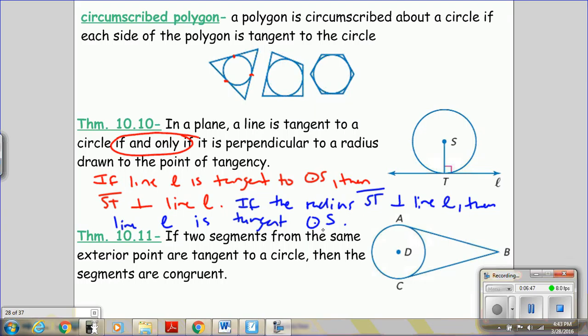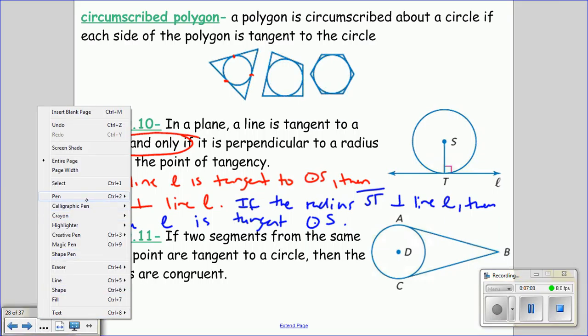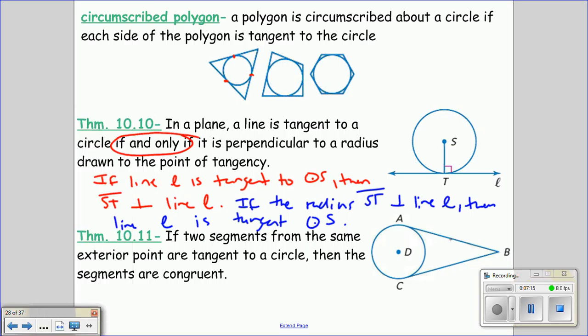So if you look at our figure, segment AB and segment CB are both tangent to the circle, and they both meet at point B outside the circle. So since that is the case, this theorem is true, that AB is going to be congruent with CB.